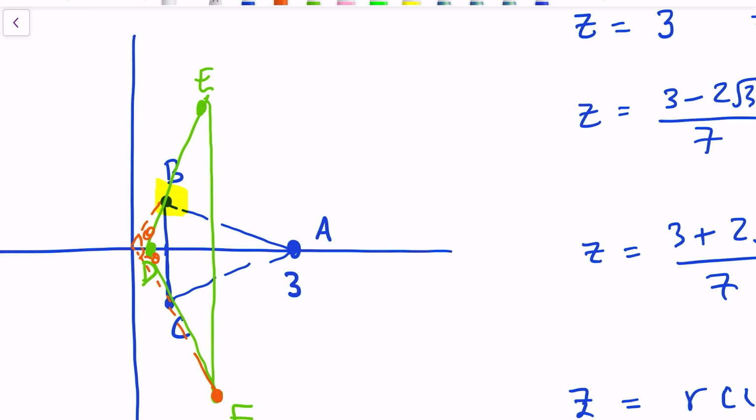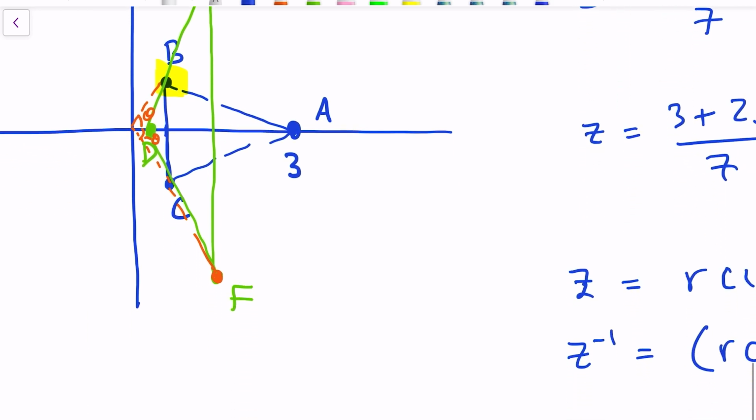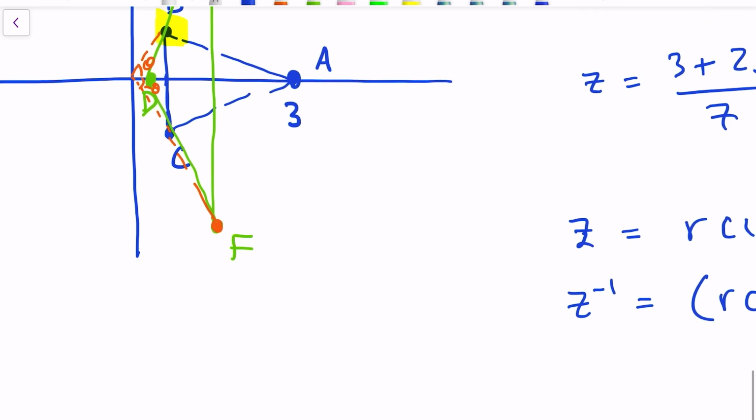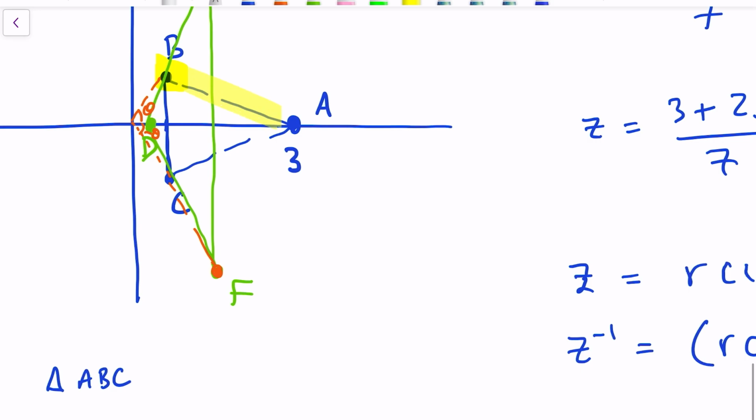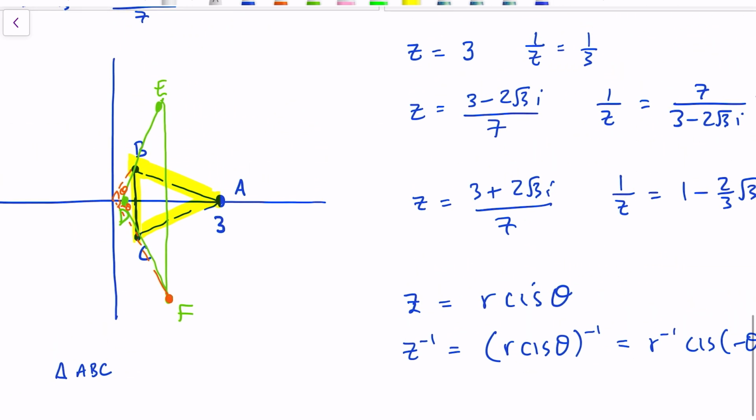Okay, then lastly, if we want to find the ratio of these areas, so triangle ABC, I'm just going to use the fact that I know these complex numbers in rectangular form. So if I want half base times height, I can look at this triangle ABC here, and say the base is the distance between B and C, which is 2 times the imaginary part of B, or the imaginary part of C, so that was 3 over 7.